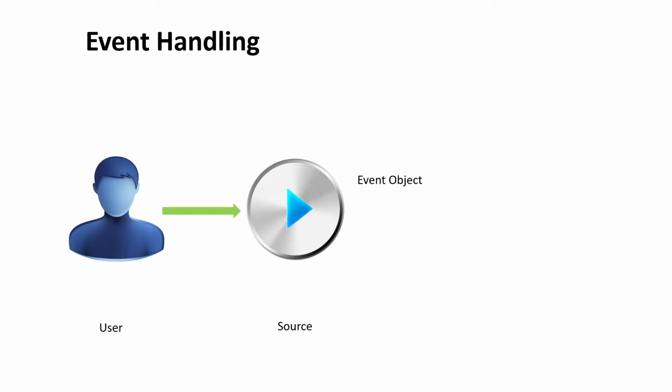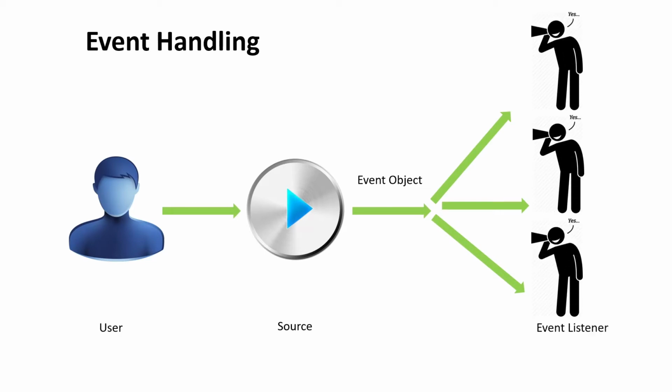What kind of event is it? It is a click of a button, scrolling of a scroll bar or a text area, or any other window readjustment. The event object will be created and passed to a listener.